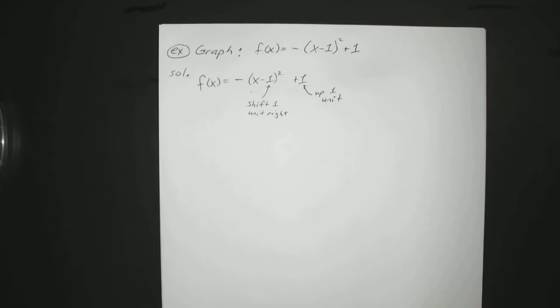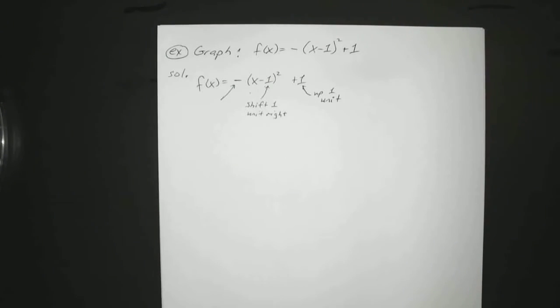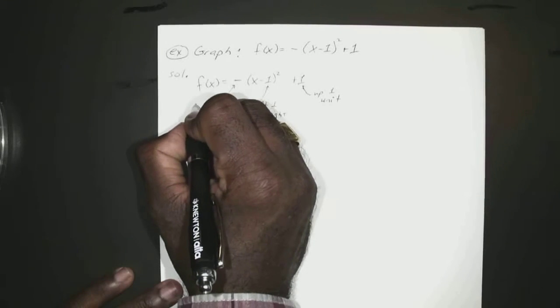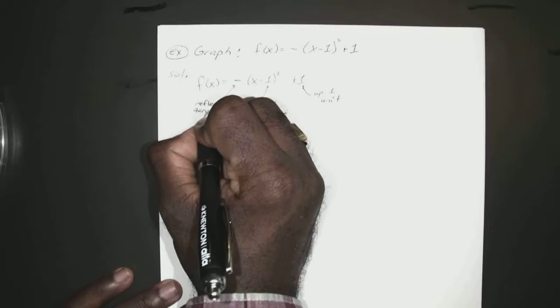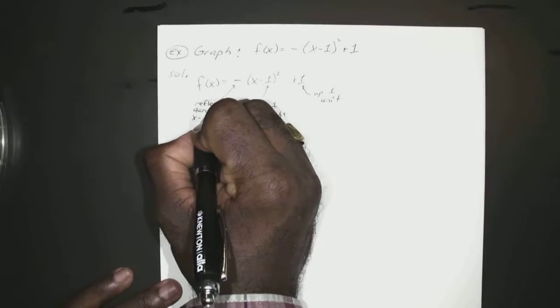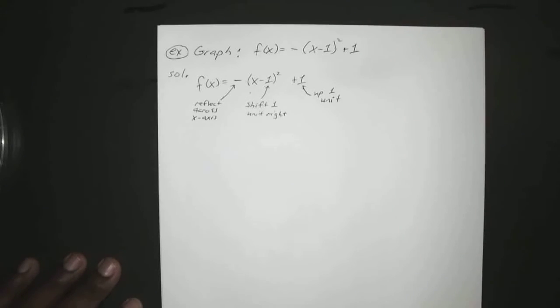So if it's reflective, and since it's on the outside, it's going to reflect across the x-axis. Okay, so everything there has kind of a job, their own job, every number.